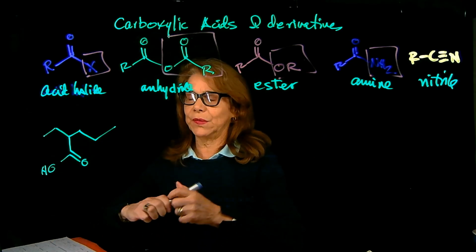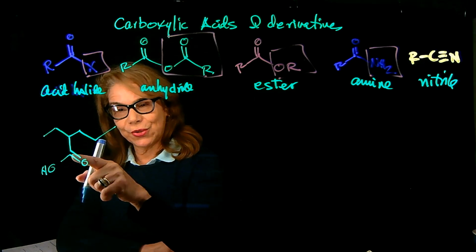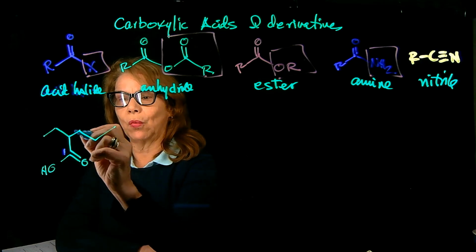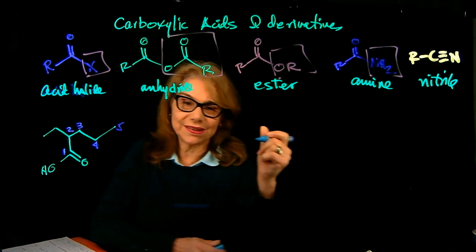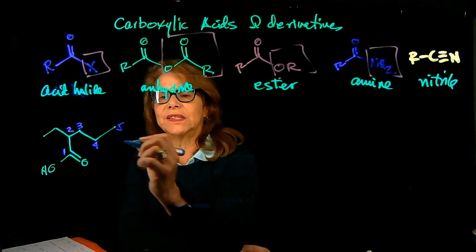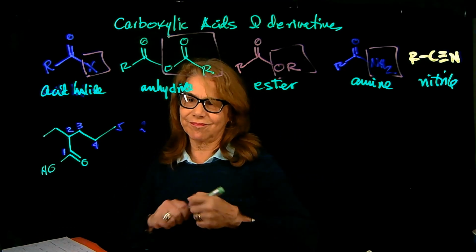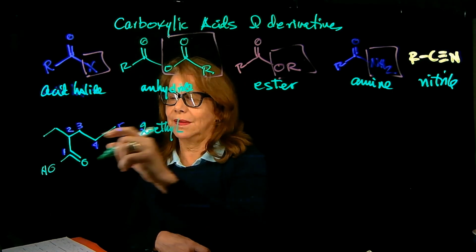So this time you need to be doing this chain because it's the longest. You could have that choice or this choice, but this is the right one. So carbon number 1, 2, 3, 4, and 5. So it's a pentanoic acid, but it's 2-ethylpentanoic acid. This is the ethyl.